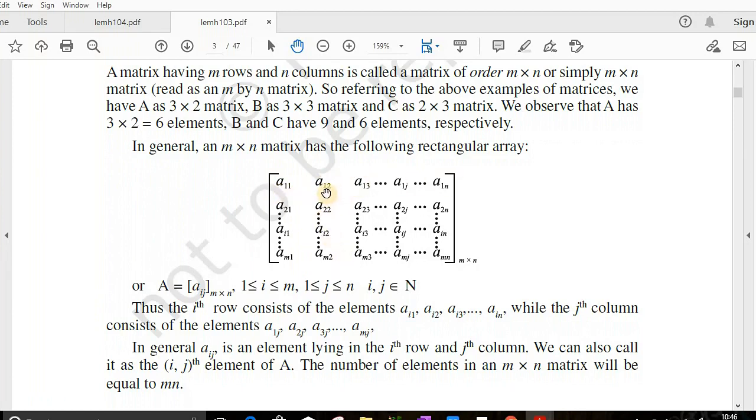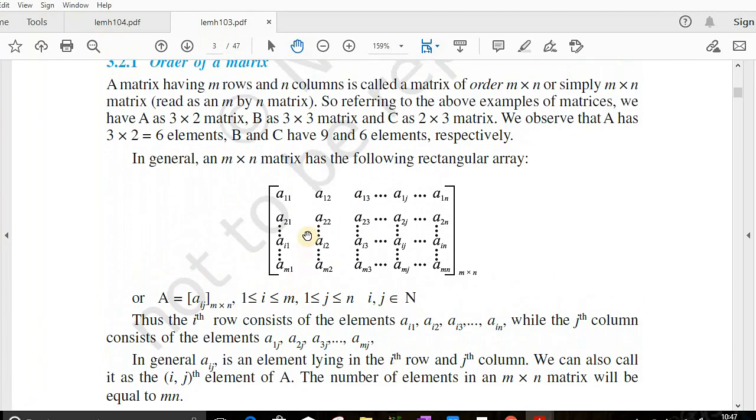The first suffix denotes the row and the second suffix denotes the column. So a13 means this is in the first row, third column. If I call it, for example, a34, it will be in the third row, fourth column. Okay, this is simply the notation.